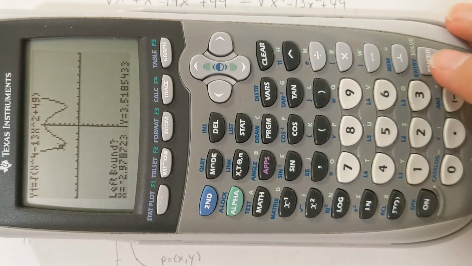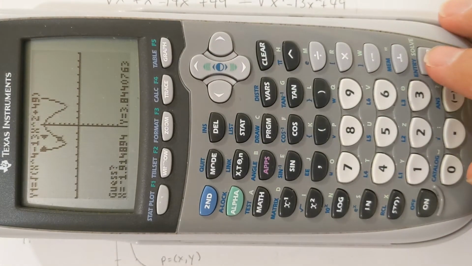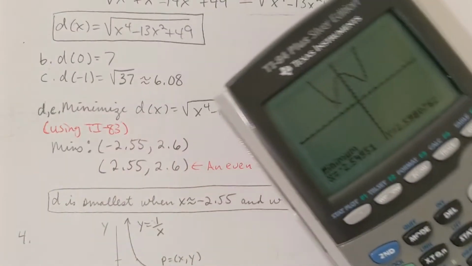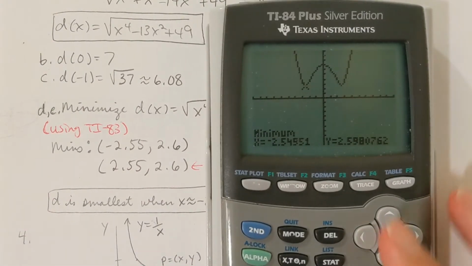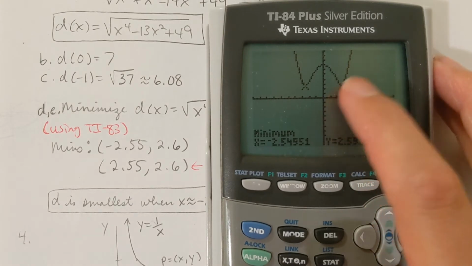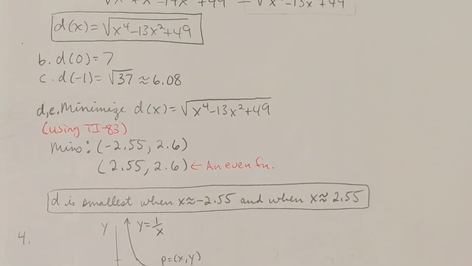If I use one bound, x is negative 2.55, y is 2.6. Okay, so using symmetry on the other side, 2.55, 2.6. So the distance is going to be smallest when x is negative 2.55 and when x is approximately 2.55.